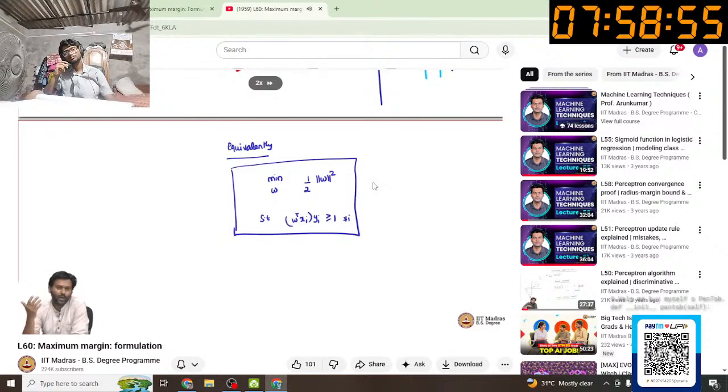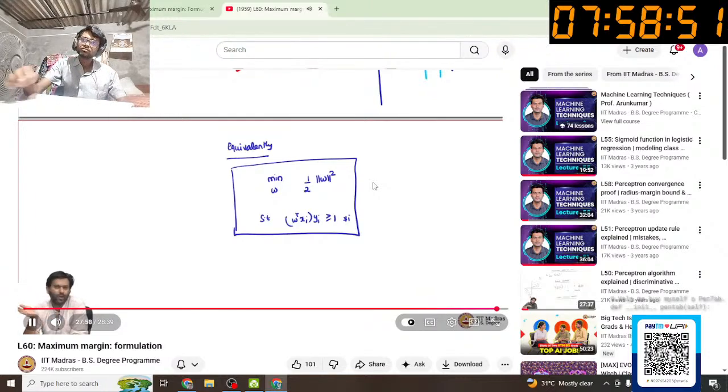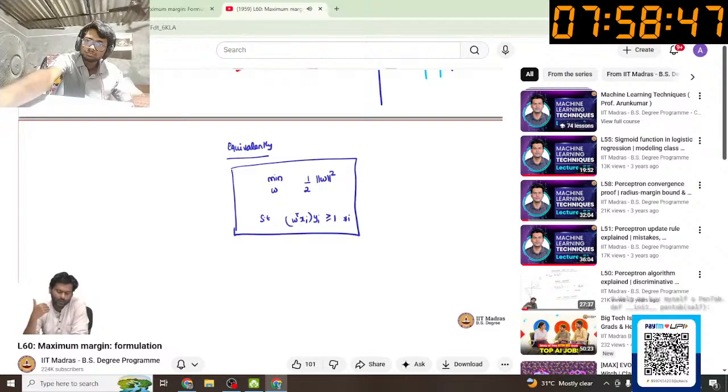So it is not clear how to adapt this problem when the data is not linearly separable, or if the data has maybe a quadratic decision boundary and things like that. So what we are going to ask ourselves is, can we look at the same problem in a slightly different way and see if that provides us some more context about this problem? And what we are going to do next is exactly that.